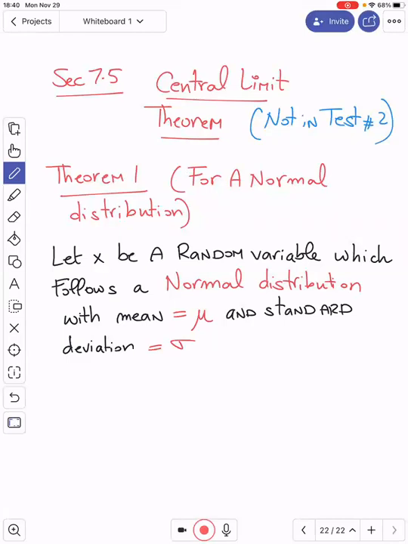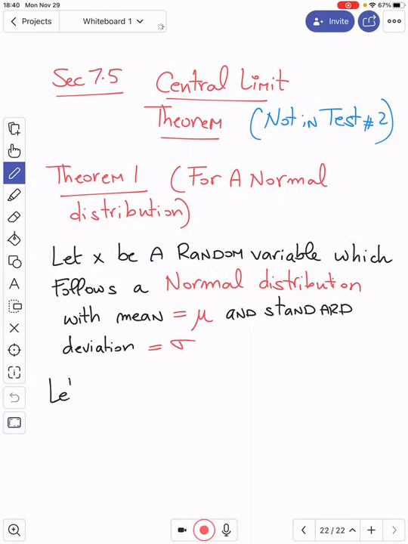So we have this variable x that follows a normal distribution as usual. The mean is mu and the standard deviation is sigma. Now I'm going to take x bar, the sample mean.